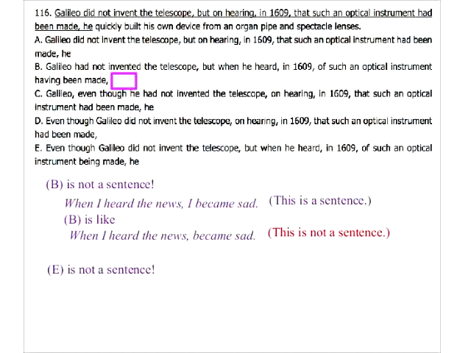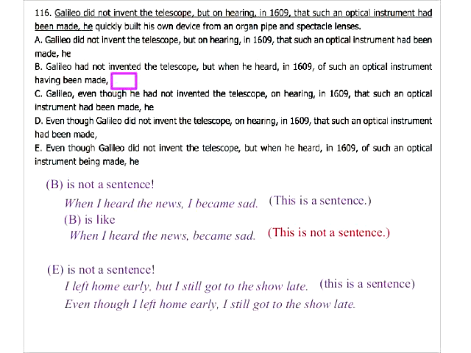For example, if you say, I left home early, but I still got to the show late, that's a sentence. And if you say "even though," you could have the same idea: even though I left home early, I still got to the show late. That's also a sentence.